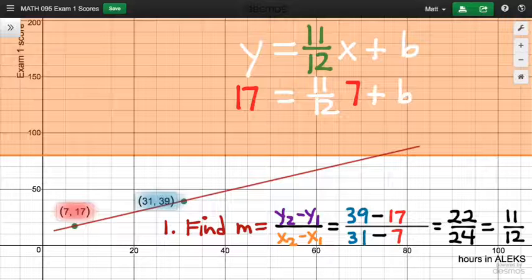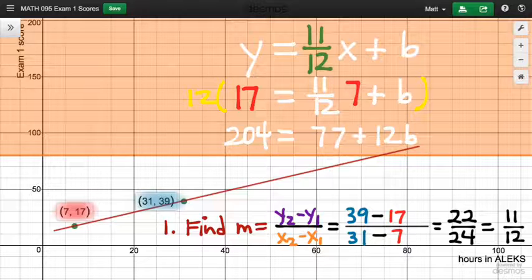I'll do that by clearing denominators, multiplying both sides by 12. Now I need to know what 12 times 17 is, unfortunately. 204. The 12 times 11/12, just as in our last example, are going to annihilate to an 11 times the 7 is going to give me 77, plus 12b.